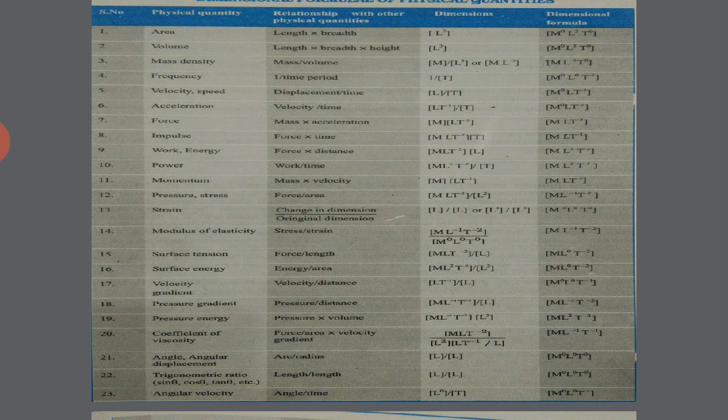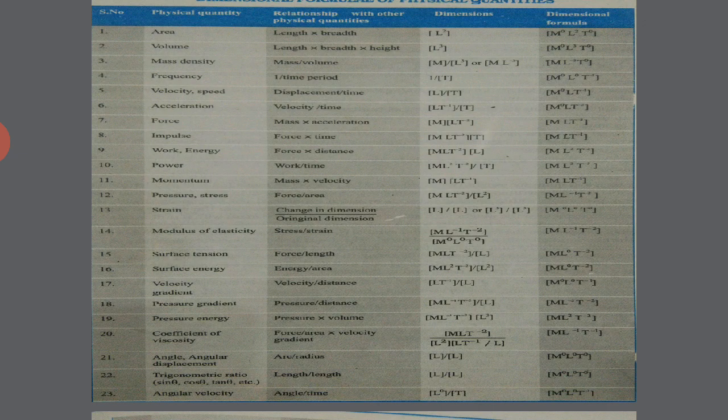Impulse, force into time, M L T minus 2 into T, so M L T minus 1. Work and energy, force into distance, M L T minus 2 into L. Work and energy both have the same dimensional formula.